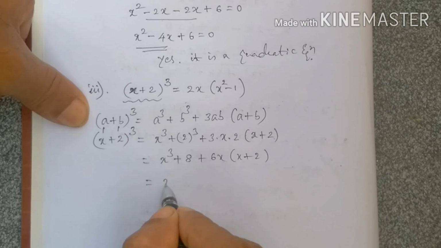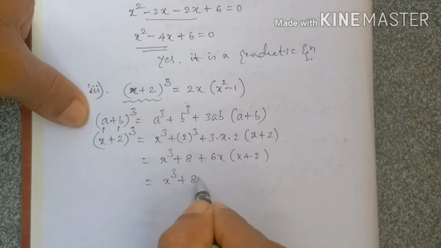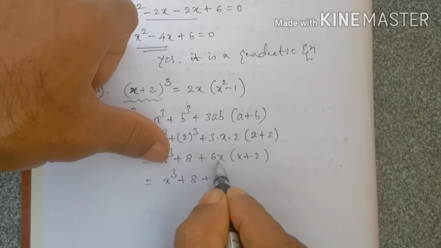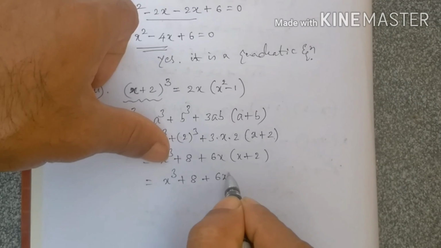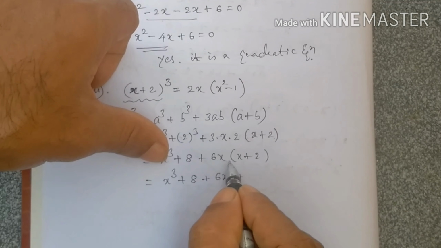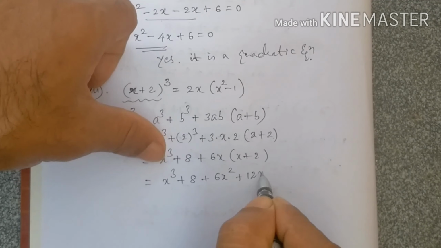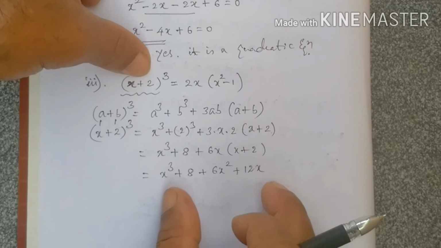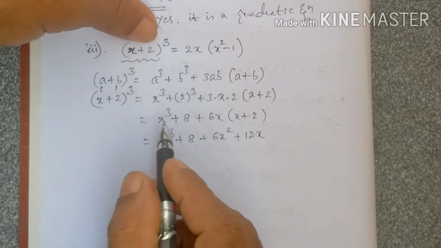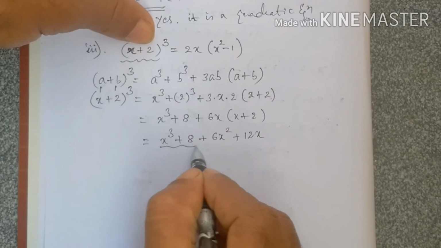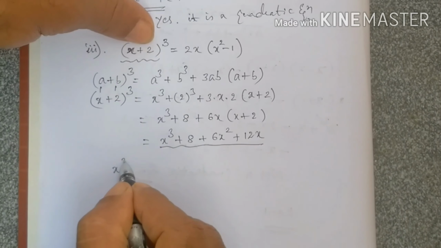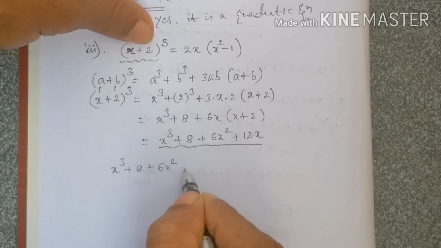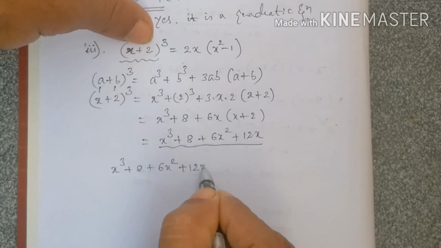So x³ + 8, since 2³ means 2 into 2 into 2, plus 6x into x is 6x², plus 6x into 2 is 12x. So this is the expansion of (x + 2)³. In place of (x + 2)³, now I am going to write this much as it is, that is x³ + 8 + 6x² + 12x.